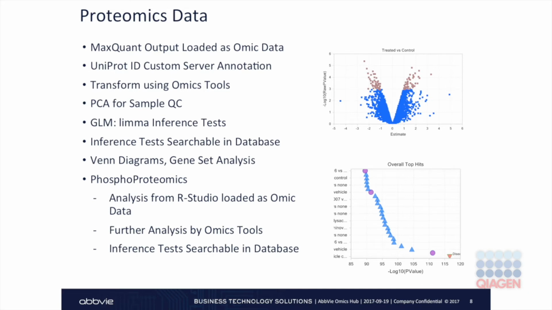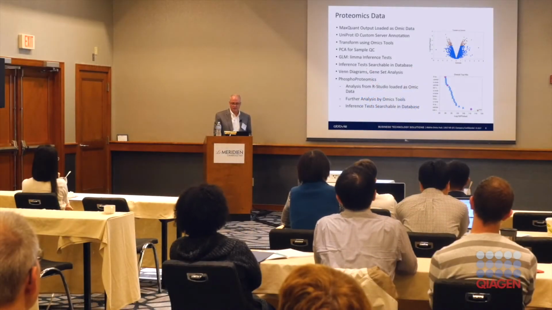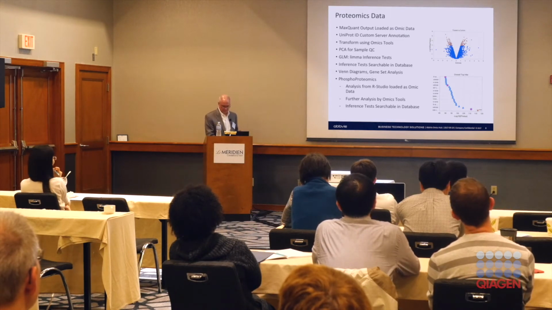And then go ahead and do a simple QC. They can see if their samples are any good with the PCA, run limma, and then quickly use the standard tools: the volcano plots, the inference tests, Venn diagrams, gene set analysis, which is something they couldn't do before at all. They were just stuck in Excel and looking on the web. So that's been very helpful to the team.